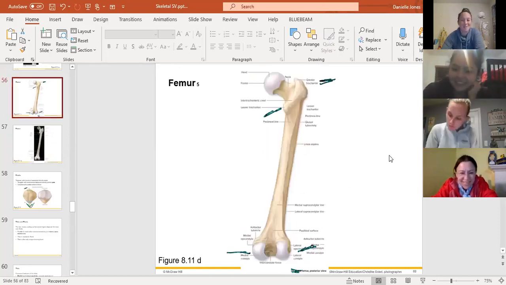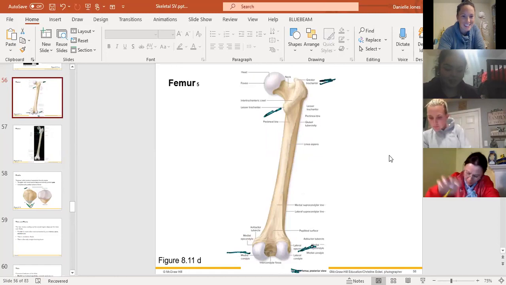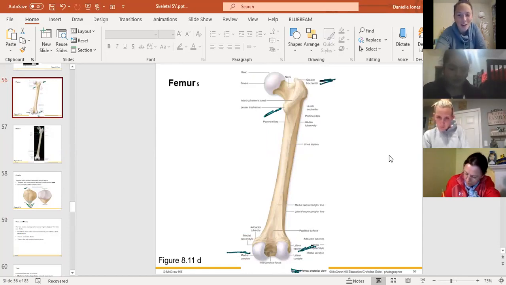Linea aspera is on the posterior side. I was really surprised too. I was thinking, wow, why didn't we talk about that one? It wasn't on the list. It's only posterior, yes. So the shaft is the whole region, anterior and posterior, but the linea aspera, linea for line, is right there on the posterior side. You can see it going all the way down.